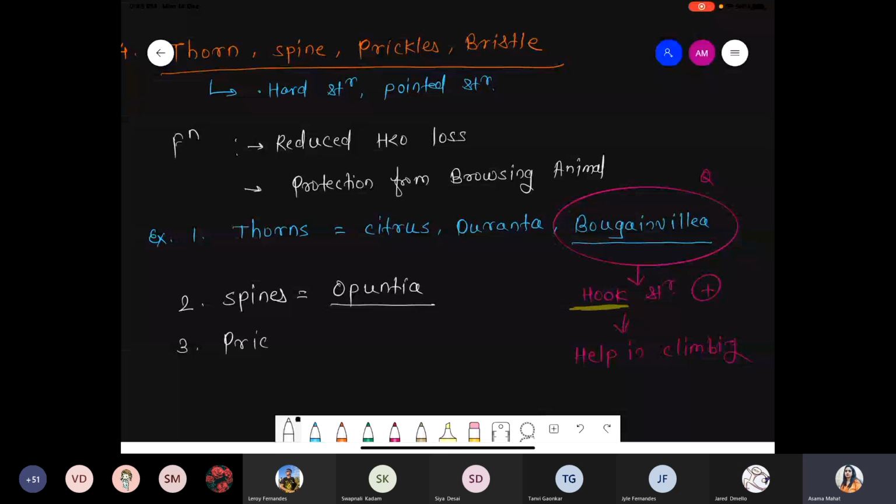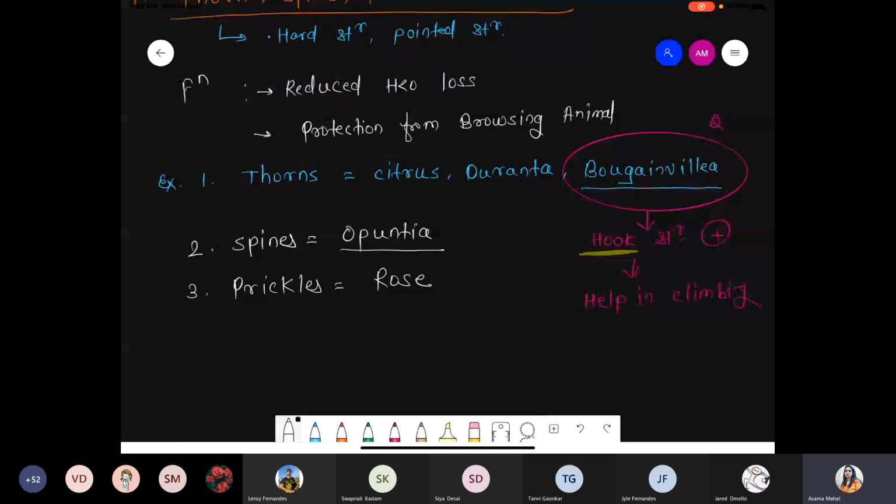Prickles are present on the root stem. You must have seen on the stem region there is a presence of something. It's one kind of thorn, but specifically we are talking about prickles: pointed hard structures, green in color, involved in protection. So the thorn-like, hard pointed structure present on the stem is specifically called prickles.